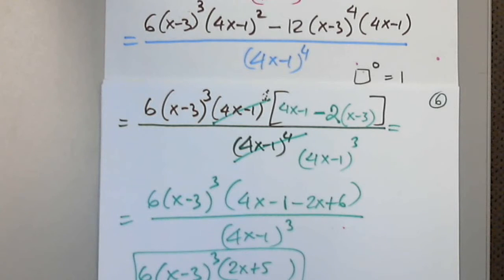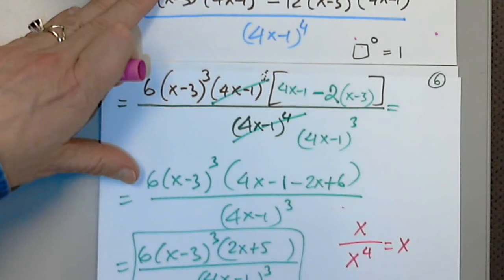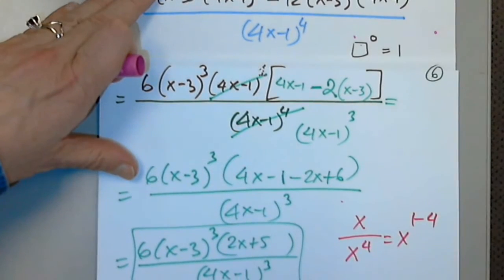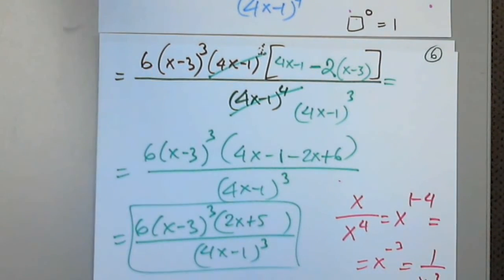Well, in the exponential, if it's division, you subtract the exponents. Right, but then you bring it to the top. 1 minus 4 is negative 3 at the top, but you have to bring it to the bottom now and it's positive. I understand what you mean. For example, if I have x divided by x to the 4th, I copy the base and subtract the exponents. So now you do have x to negative 3, but this is 1 over x to the 3rd. It still comes back to the denominator.